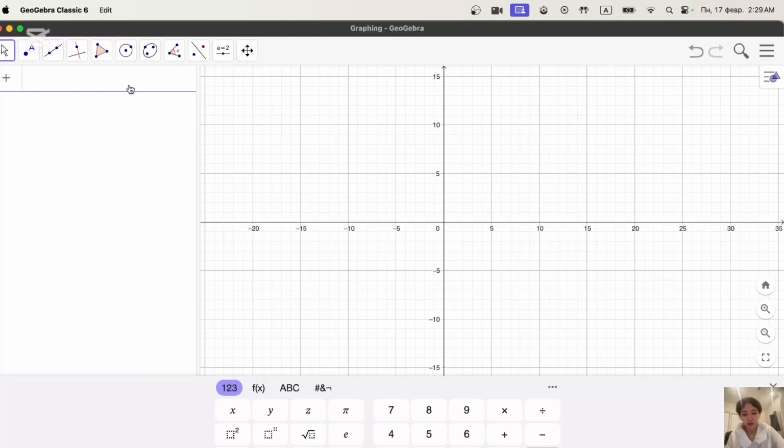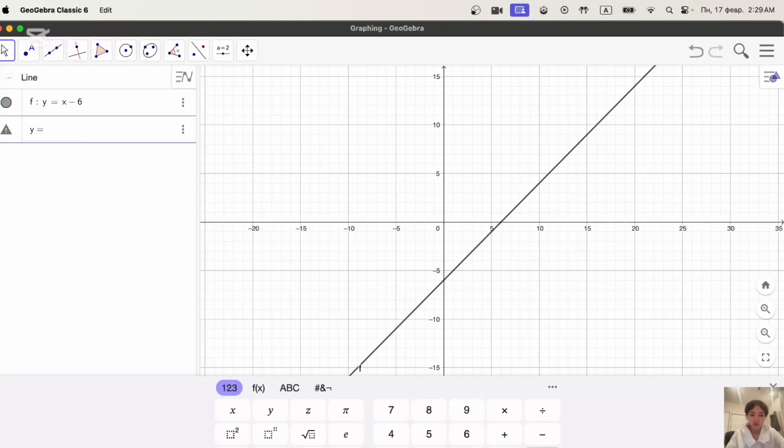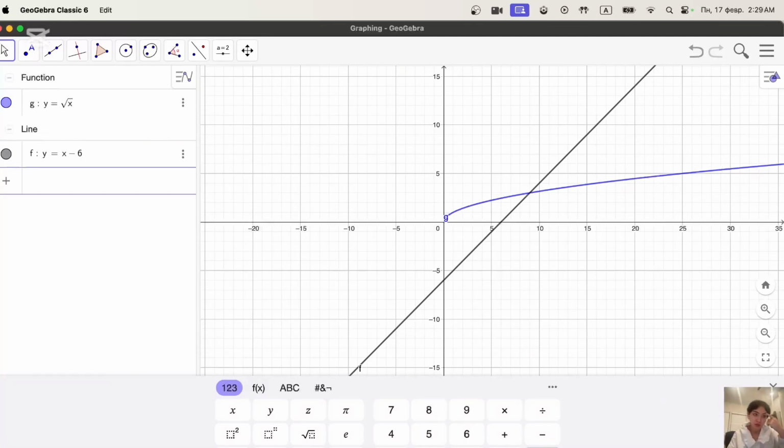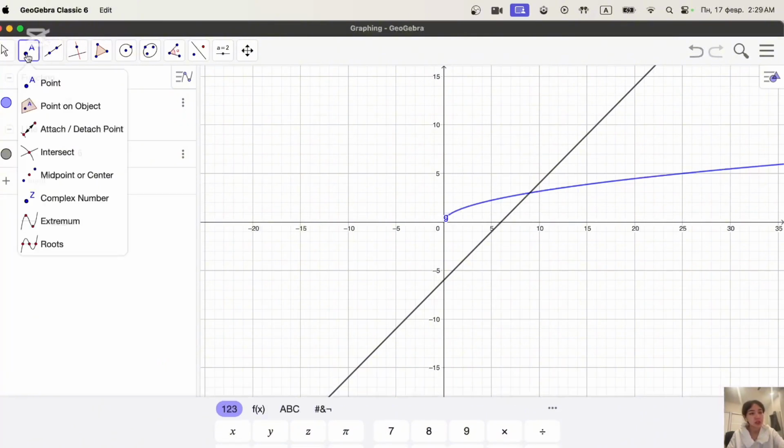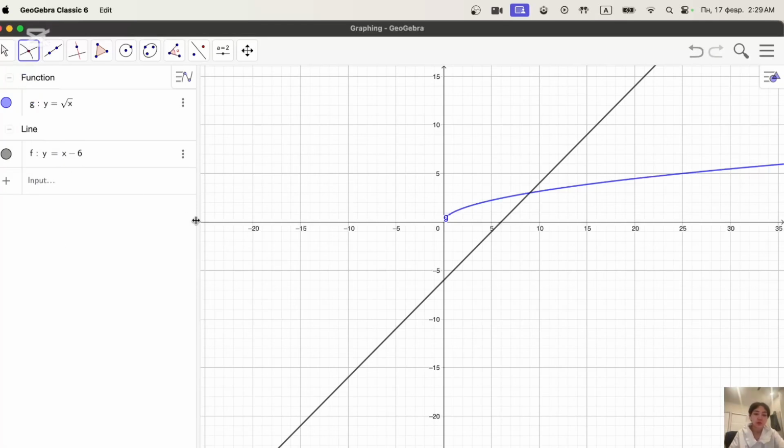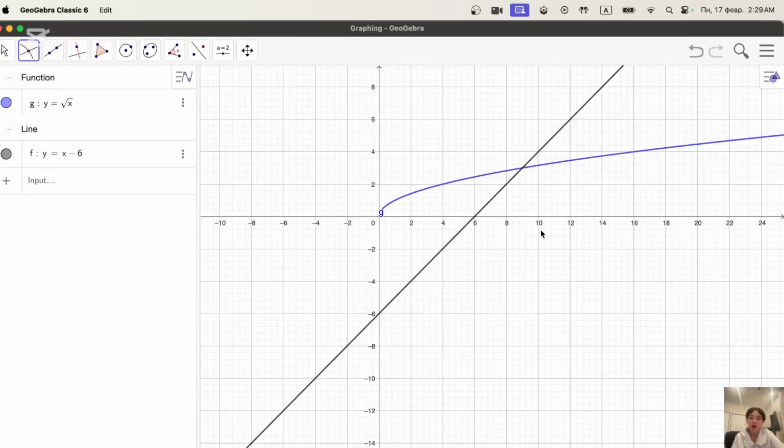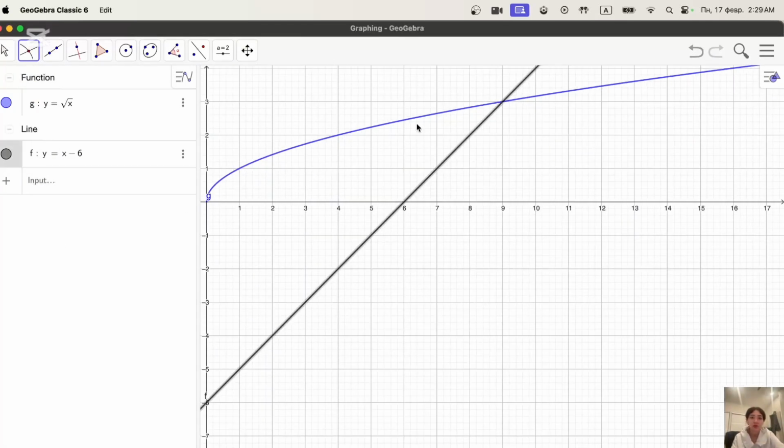Let's enter the equations. And using the intersect tool, we will see only the correct answer is 9.